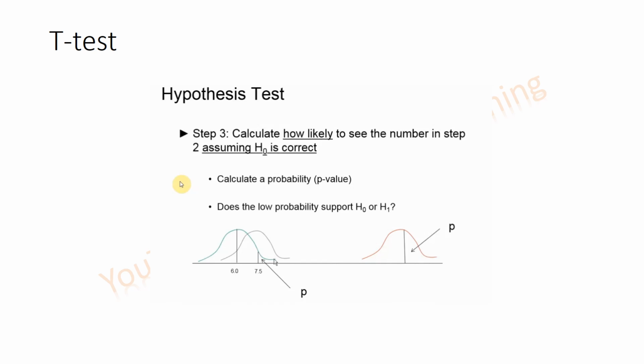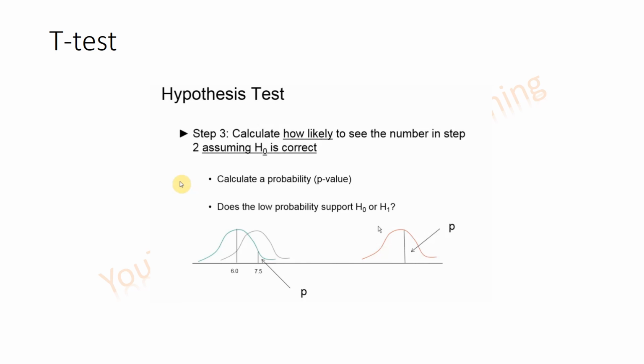It's more likely we draw a sample from here rather than from the green curve, which means we're going to support a different distribution, or H1. Right? That's why people say P is low, H0 must go. We go for H1. So this is the reason why.